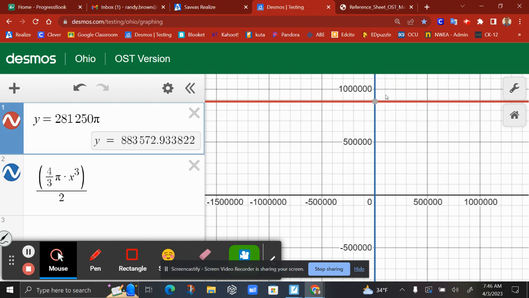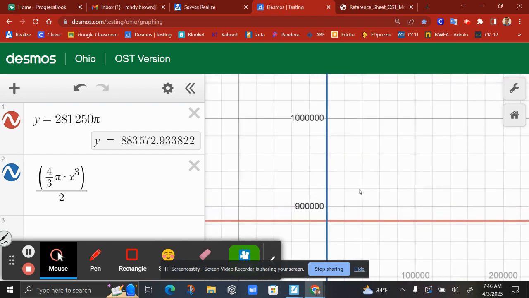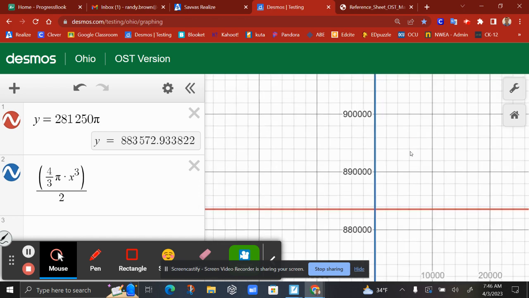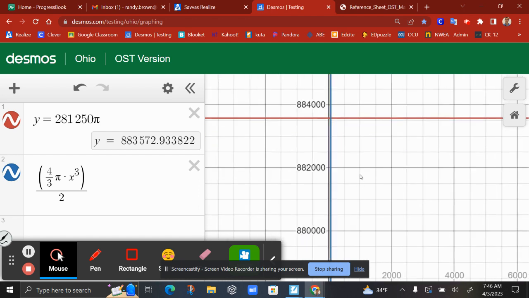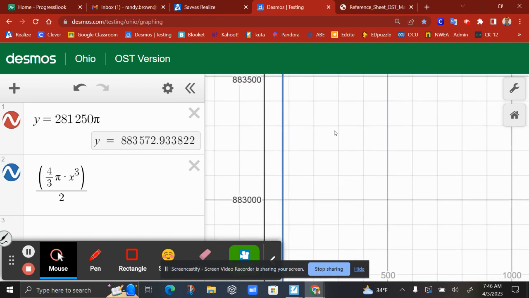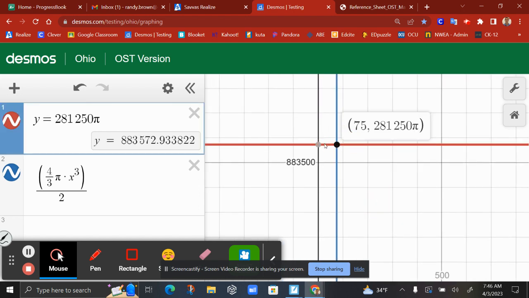So maybe you want to zoom in on this and make sure you're not getting where it hits the y-axis. And so you can see this is the point I want. 75 is my answer, not the one where it hits the y-axis. 75 is our answer for that one.